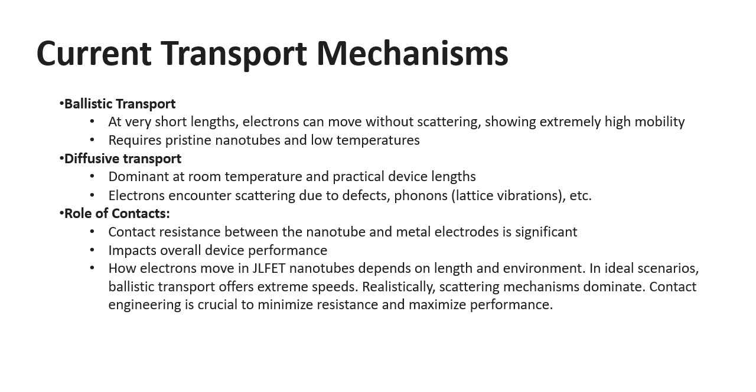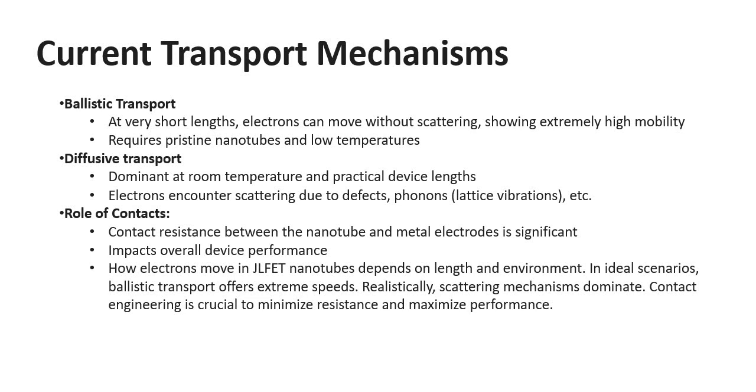Now, the contact resistance between the nanotube and the metal electrode is significant, and its impact on overall device performance is large. As for the role of contacts, we can easily change the metals and the work functions of the electrode so that we can reduce the resistance between the source and drain metal contacts.